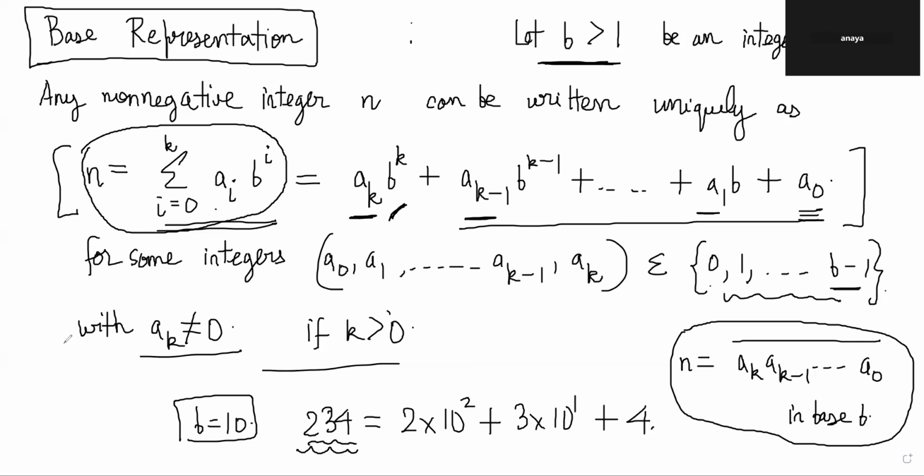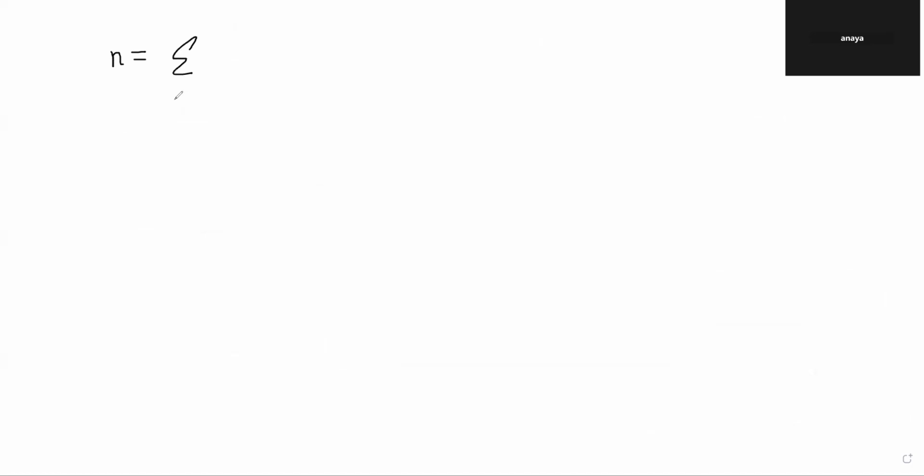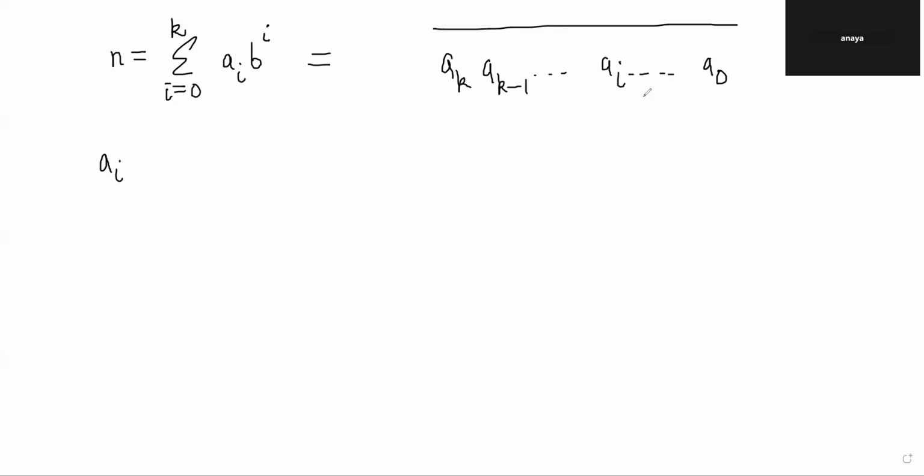Now using this definition, n equals the summation of a_i b^i, i from 0 to k. This definition of n as a base b number, one can realize from here, is that a_i, the ith digit of it, or actually the i plus 1th digit, because this number is written like this: a_k, a_(k-1), a_i somewhere here, and then till a_0.